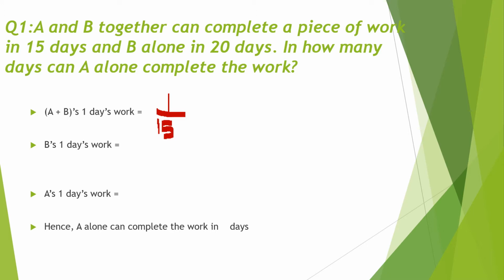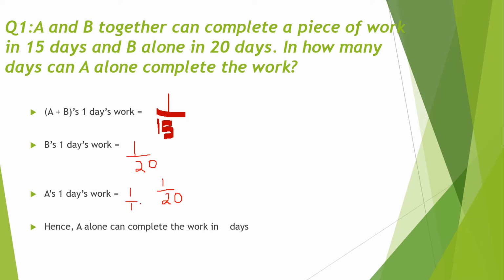Now B's 1 day's work: B takes 20 days, so take the reciprocal, that is 1 by 20. Now you have to calculate A's 1 day's work. That is A plus B's 1 day's work minus B's 1 day's work.